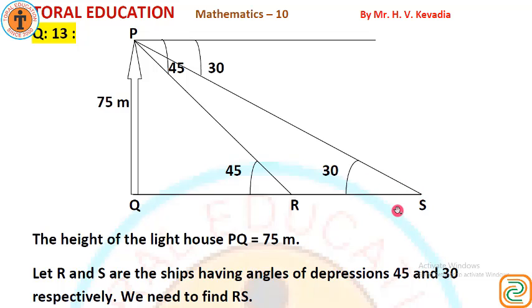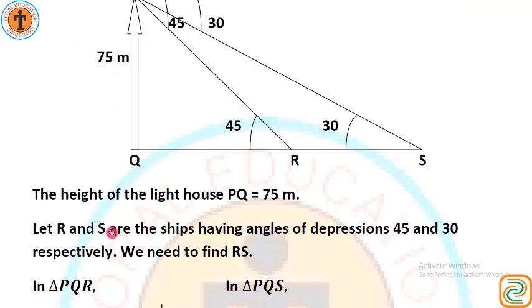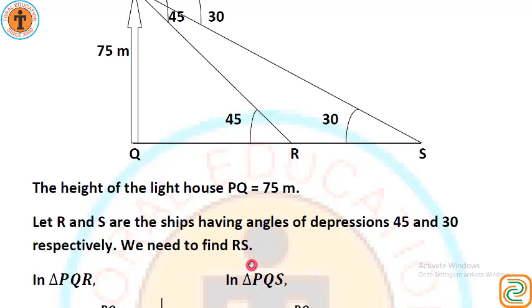Here S is a ship and R is a ship. What is the angle of depression? It is equal to the angle of elevation from the ship, because they are alternate angles. Height of the lighthouse PQ is 75 meter. R and S are the ships having angles of depression 45 and 30 respectively. We need to find RS.